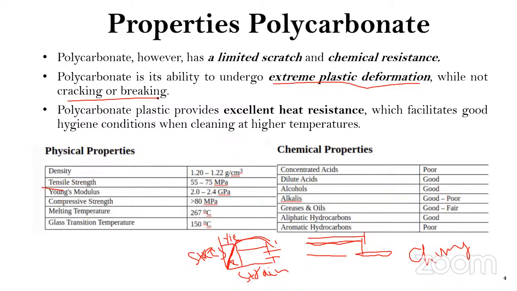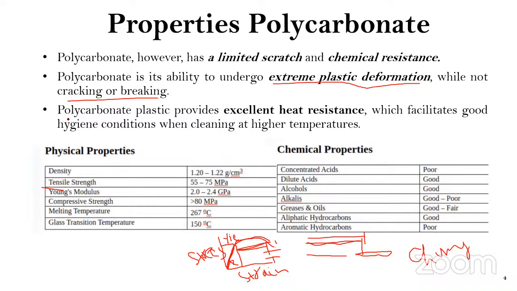But this polycarbonate will directly break into two pieces. You can't see any cracking before the breaking. During this plastic deformation, going into the other phase, it will not show any cracking or breaking. Directly, the material will be fractured.